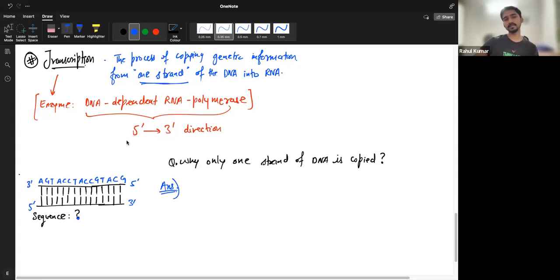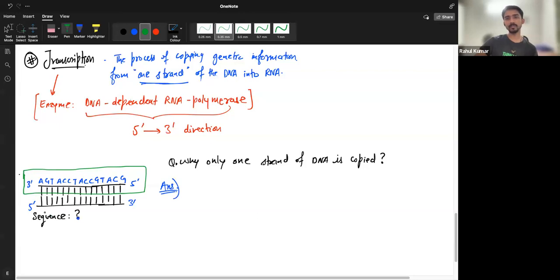You can say that because in the last class we talked about this enzyme having one direction, this strand, which is 3' to 5', will be chosen and it will copy information in 5' to 3' manner.